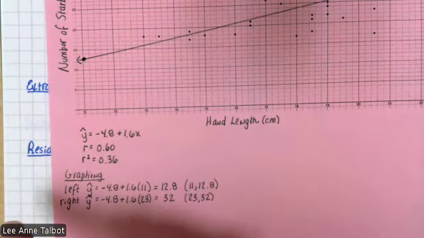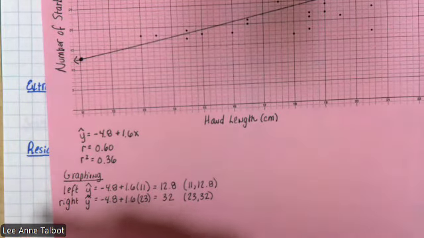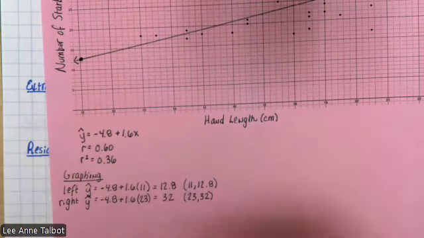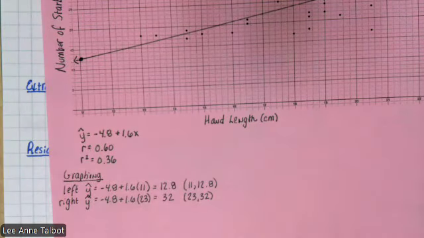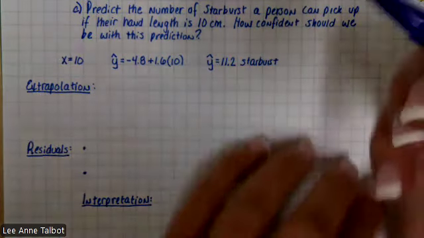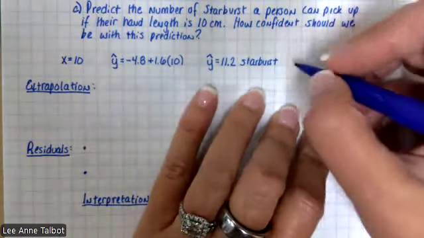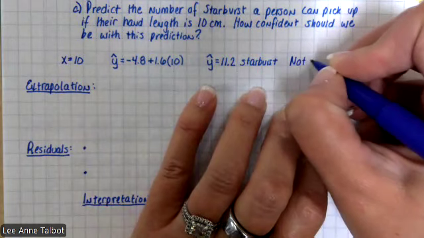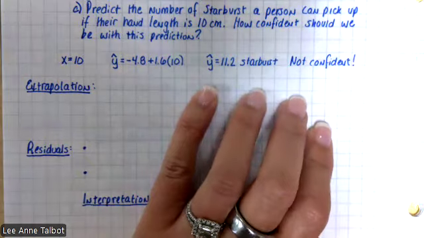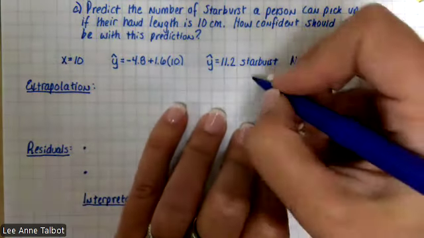Okay, so think about the hand size of somebody with a 10, it'd be really small. We should be less confident because we're farther away. Can you guys please focus? If it's far away, we're not going to be confident about it.